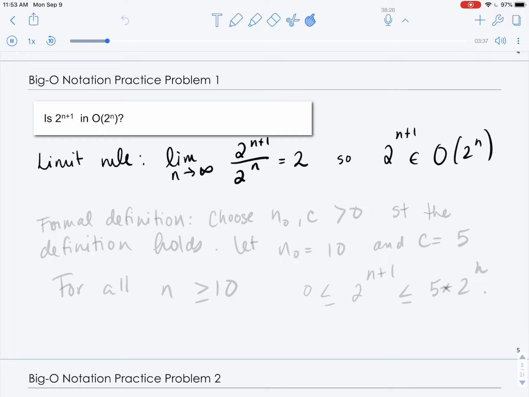In order to apply the formal definition, we need to find our constants. So we need to choose our n naught and our c greater than 0 such that the definition holds.